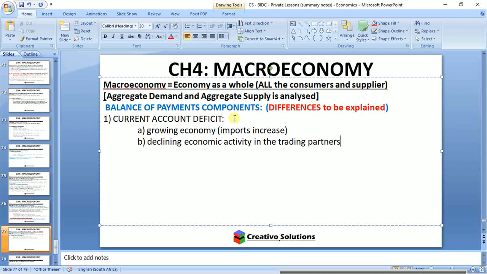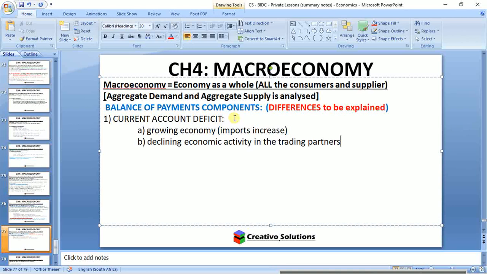The textbook says, if the countries that buy this country's exports experience recessions or slowdowns, are we going to export more or import more? Here's the example. As a South African economy, our trading partners, let's say America, the UK, Europe, those countries have a recession. So there's a decline in economic activity in our trading partners' countries.